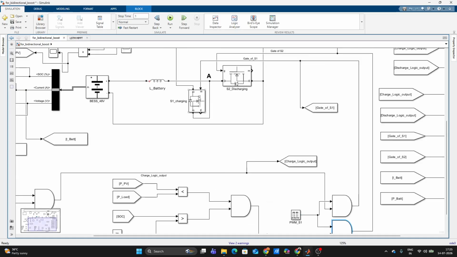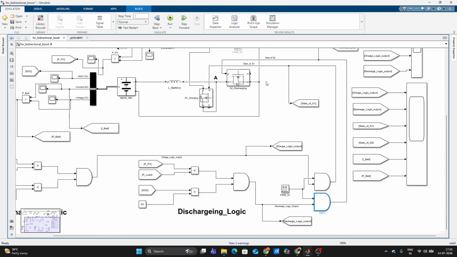S1 is for charging mode and S2 is for discharging mode. When the S2 gate gets the PWM, the battery will discharge. S1 is for battery charging: if this switch gets the gate pulse from the PWM, it will charge.